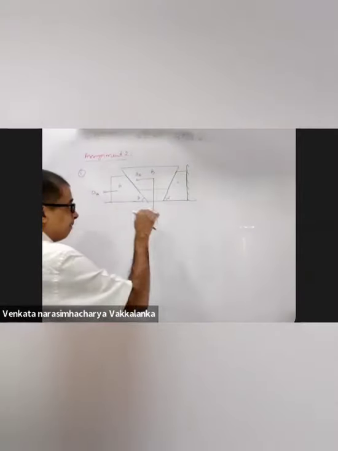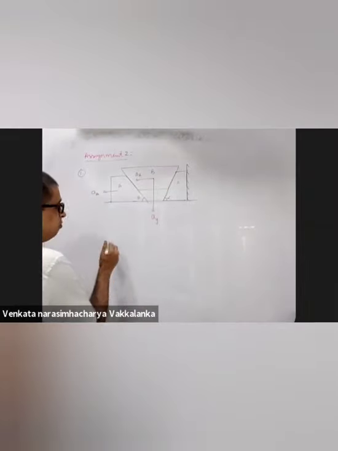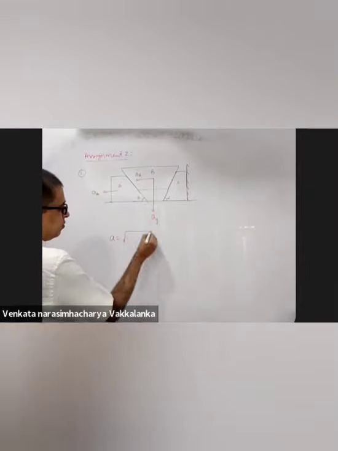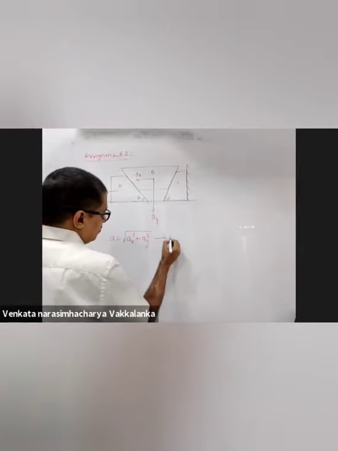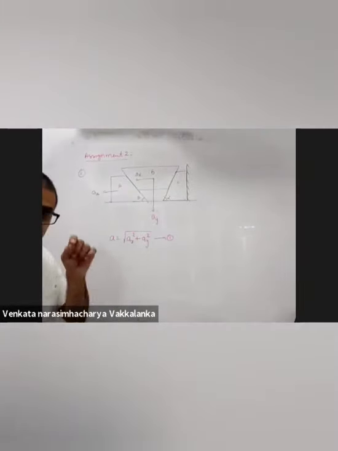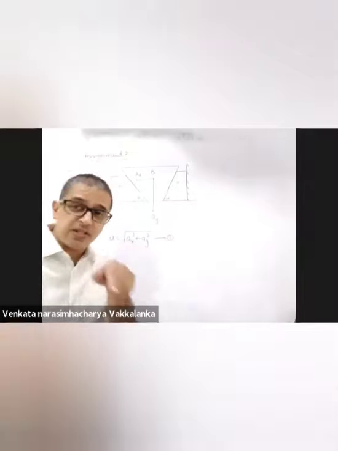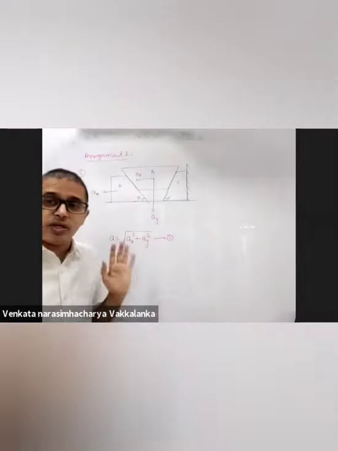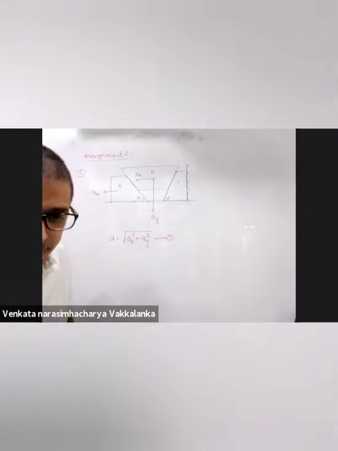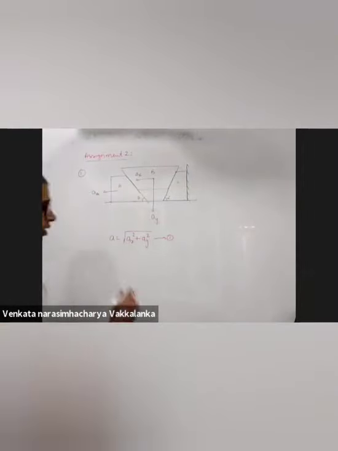They gave you that the acceleration of B is A. So the first equation is A equals root over AX square plus AY square. This is my first equation. They have given you the acceleration of B is A, which direction I don't know. So I took AX and AY and took the resultant. I know it is A. But one thing is for sure.